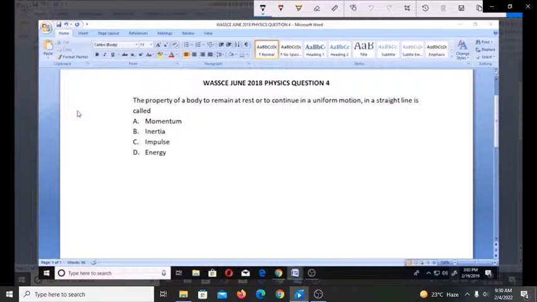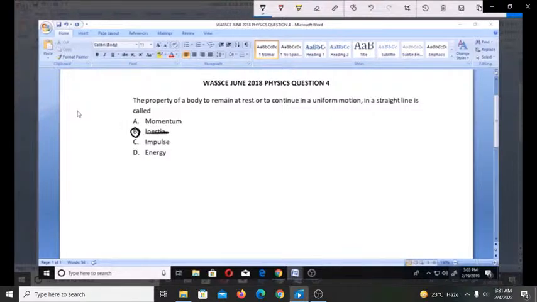So what is that property of a body that makes it want to remain in a state of rest if it is resting, or to continue in a uniform motion in a straight line when it's moving? What is that property? We all know that this property is inertia, because that's the definition of inertia.